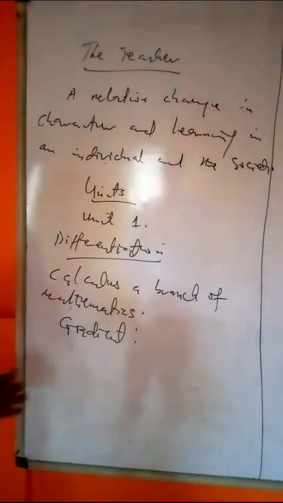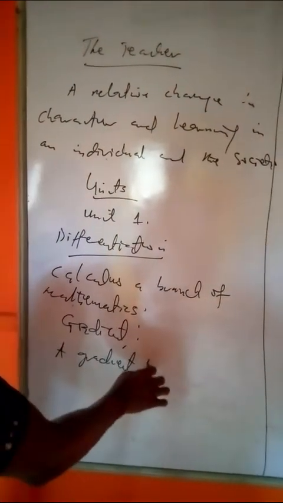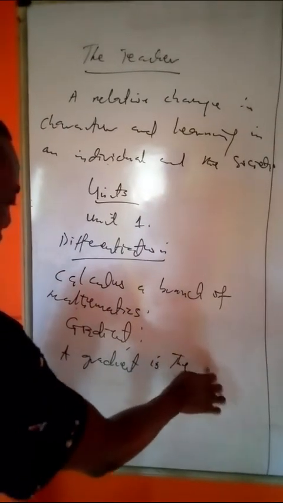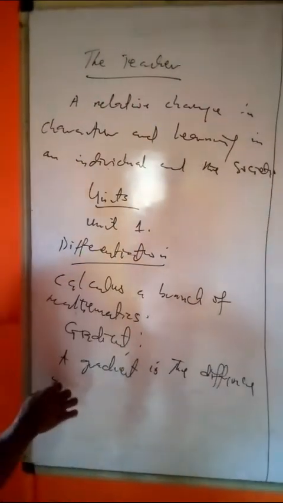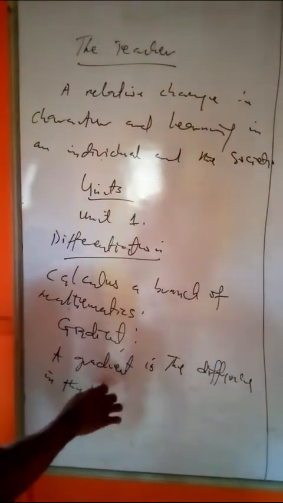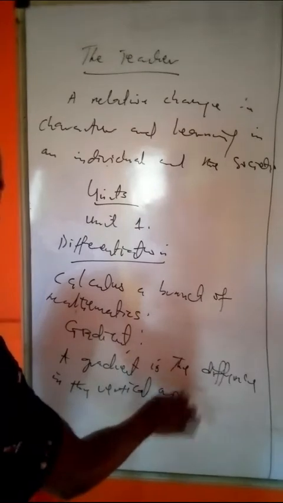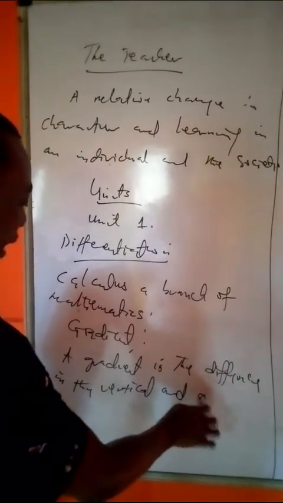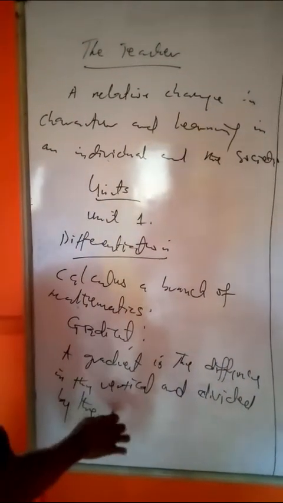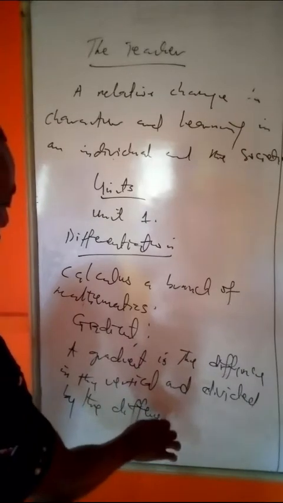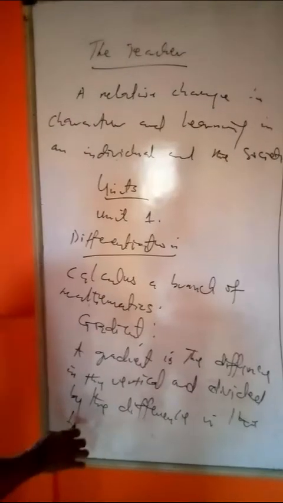A gradient is the difference in the vertical axis divided by the difference in the horizontal axis.